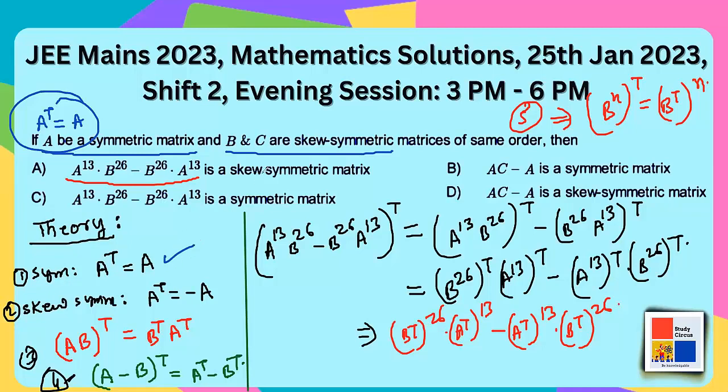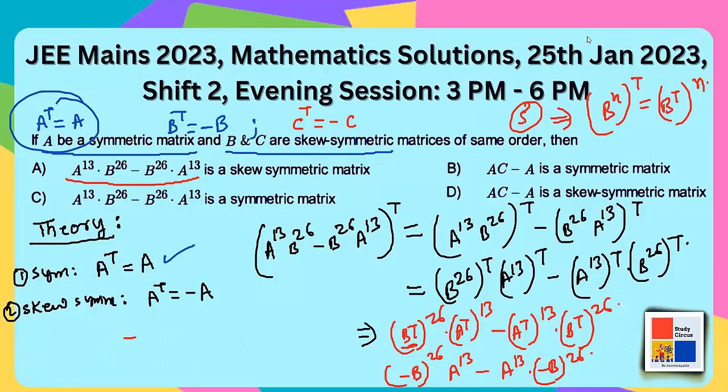B and C are skew-symmetric, that means the transpose of B is negative of B, and C transpose is negative of C. So this B transpose I can write as minus B, to the power 26, and A transpose is A only. Now 26 is an even number, right?